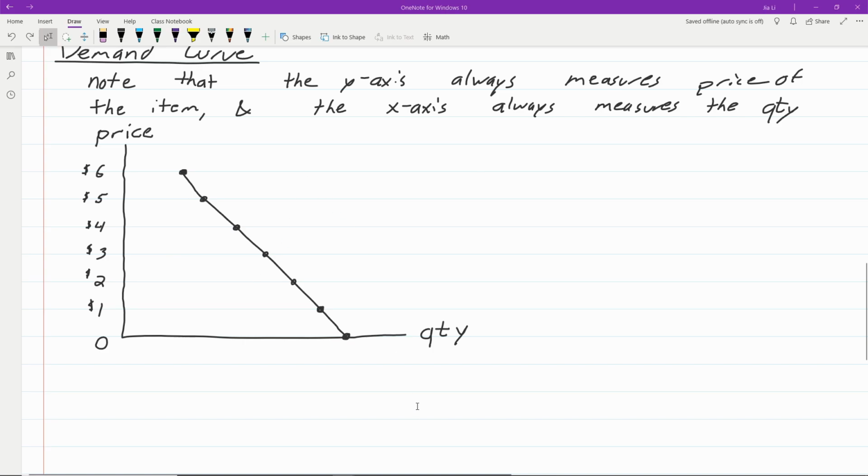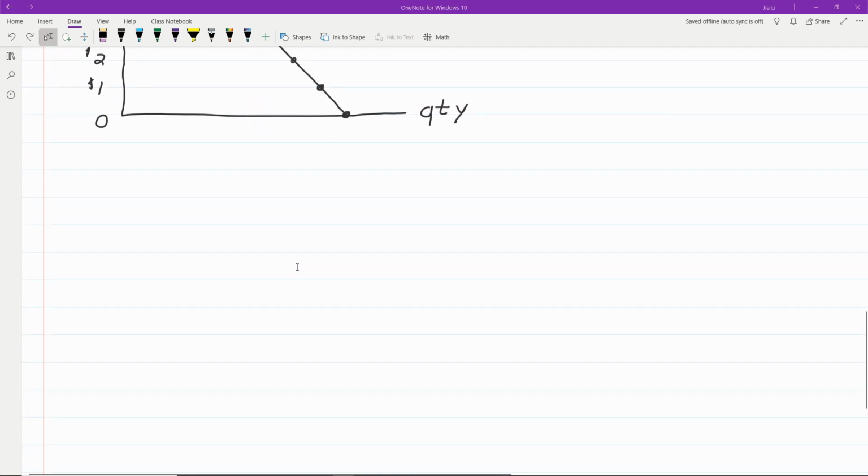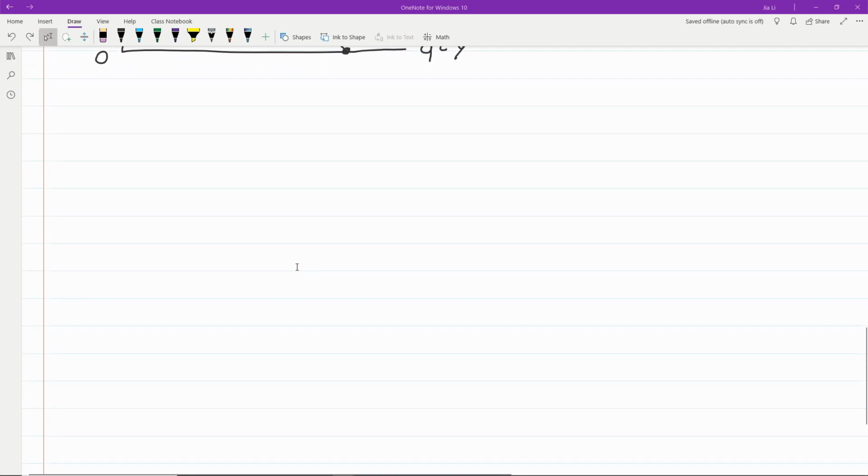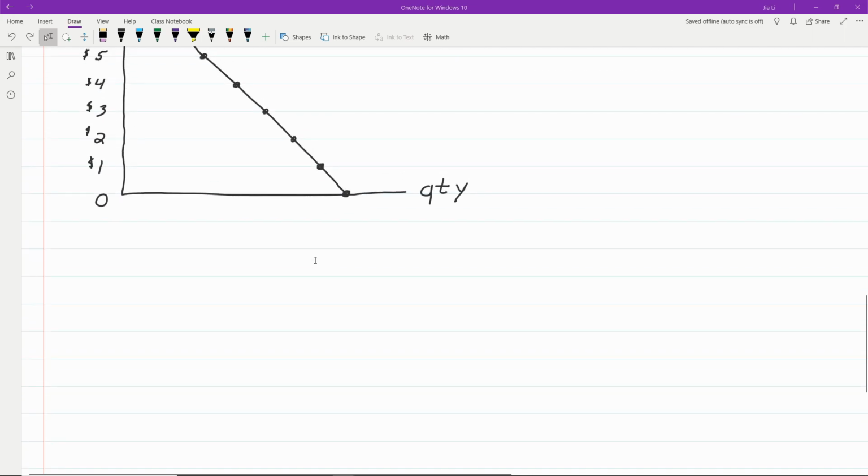But again, just note that in practice, in real life, if we could gather a bunch of data on the demand for certain items, it's probably not going to be a straight line. In all likelihood, it will be a curve instead. But this is our first time working with this model, so it's easier if we just assume it is going to be a straight line.